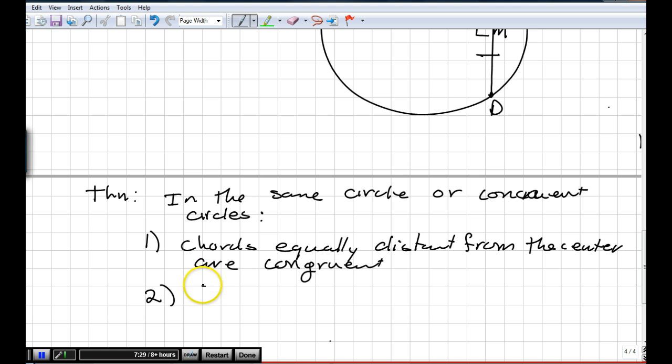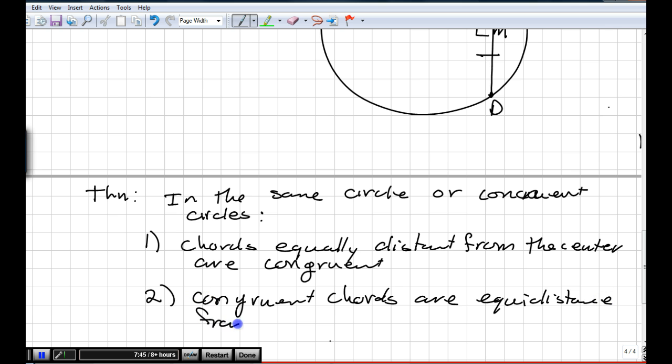And the converse is true. Congruent chords are equidistant from the center.